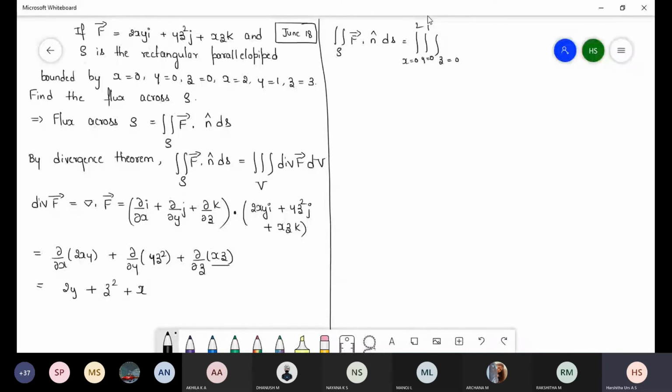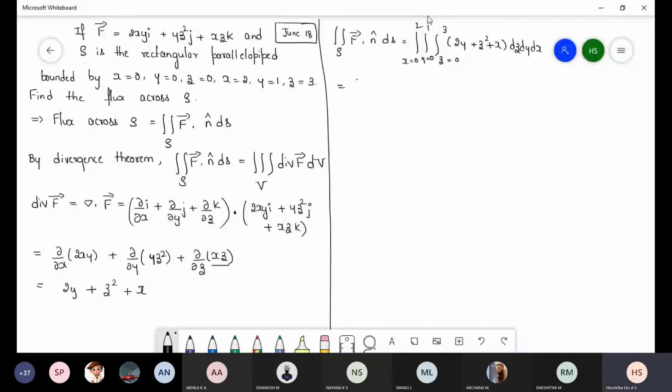Now here, 2y plus z square plus x into dz dy dx.